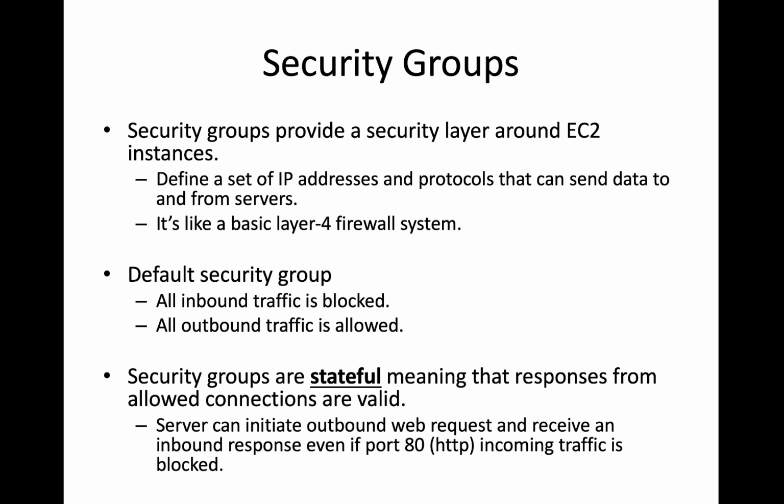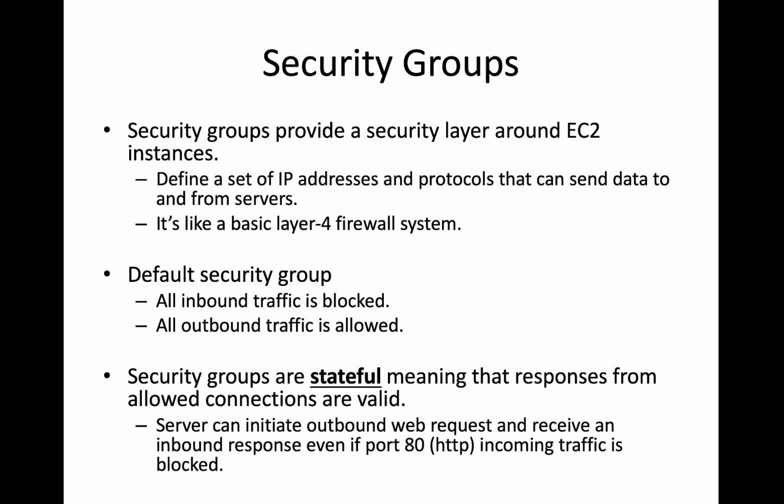When you configure a security group, you're essentially defining a set of IP addresses and network protocols that are allowed to communicate into and out of our EC2 instance. You can think of it as kind of like a basic layer 4 firewall system.